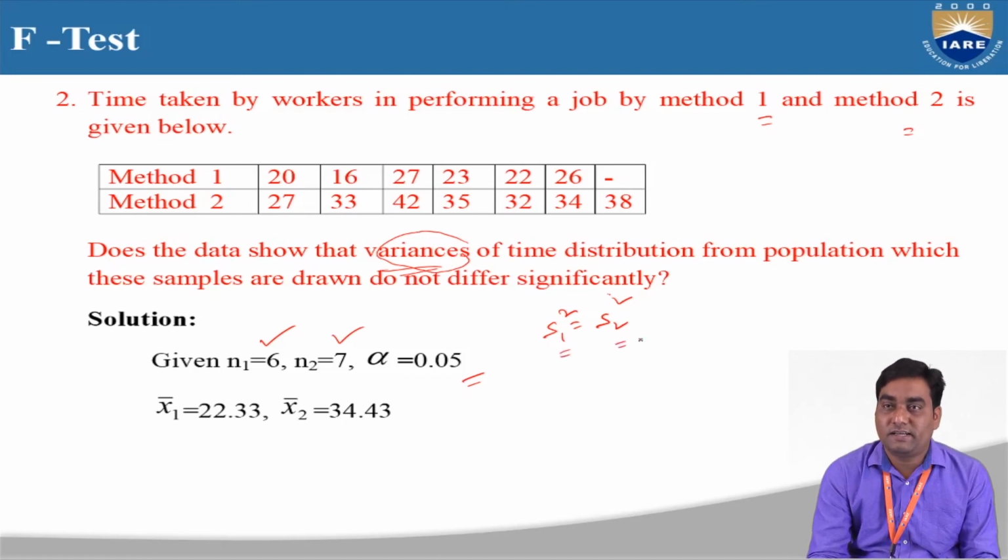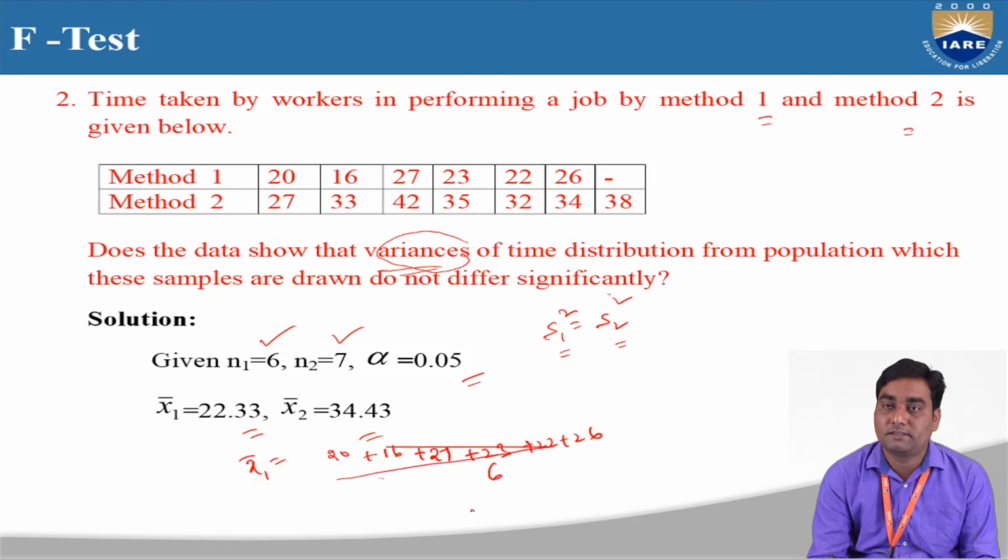We require S1 square, S2 square values. Before finding S1 square and S2 square values, X1 bar value and X2 bar value are also not given. How to find X1 bar value? X1 bar means the mean of the first sample. All the sample values we know, so the average is 20 plus 16 plus 27 plus 23 plus 22 plus 26 by number of samples 6.